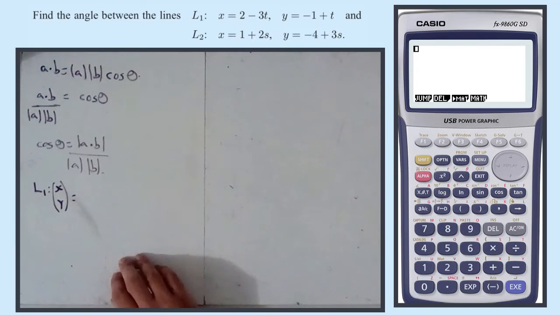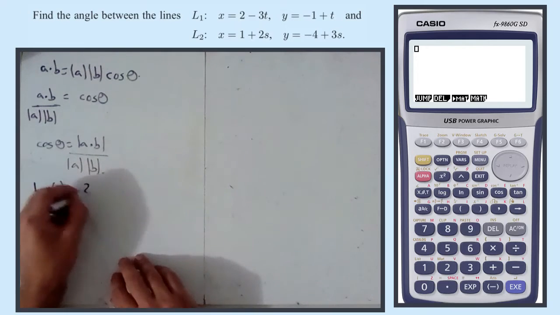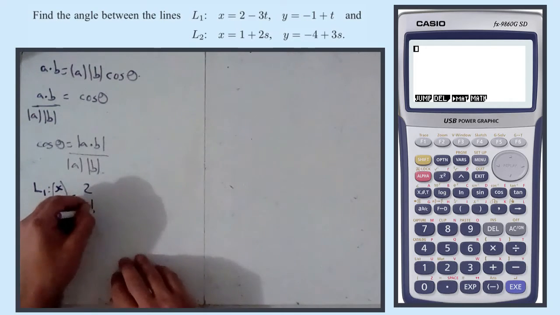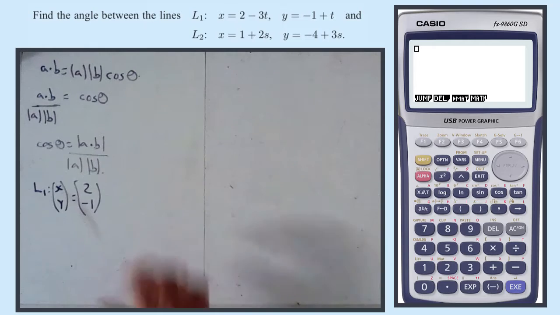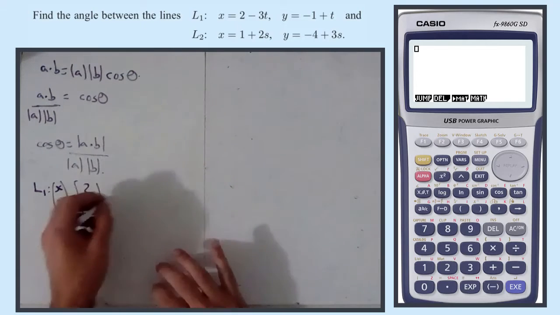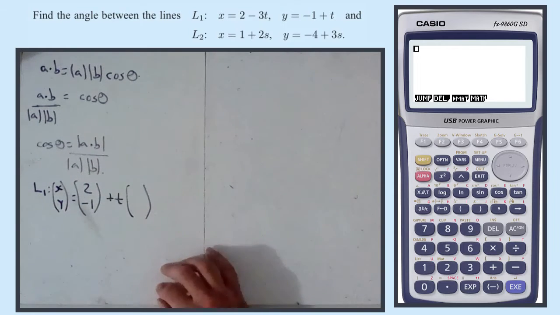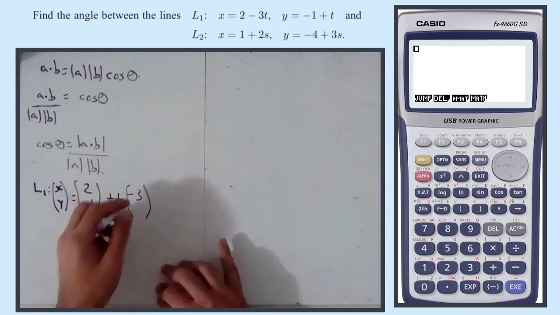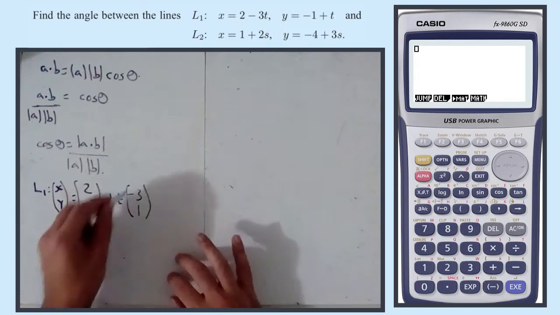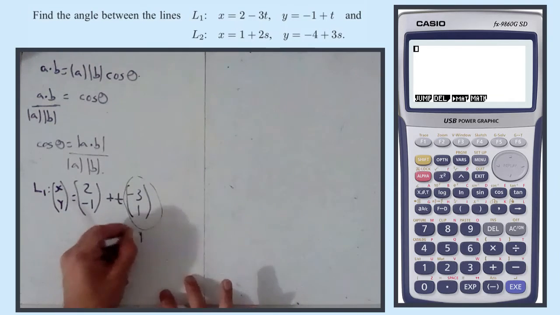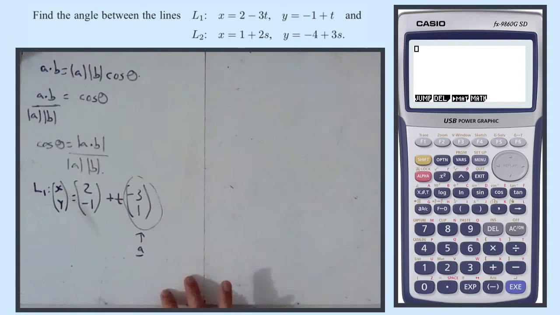So x is 2 minus 3t, and y is minus 1 plus t. So the position vector to get to a point on the line is (2, minus 1), plus t times the bits that multiply the t's: minus 3 for x, and 1 for y. We're going to use this vector as our, we can call that, vector a.